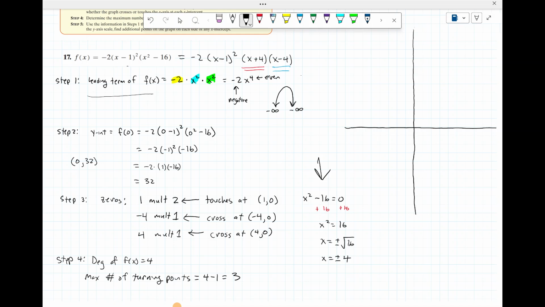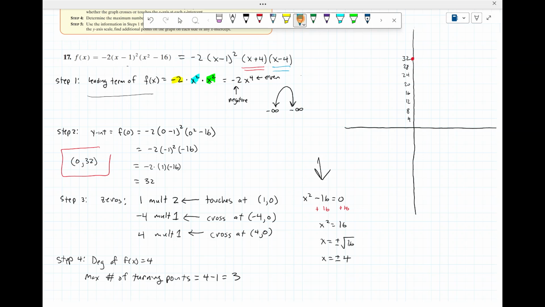So what I'm going to do is go up by 4s on my y-axis. Okay, and so when graphing, here's my suggestion. Start by putting all the points where they belong. So here's my y-intercept at 0, 32.